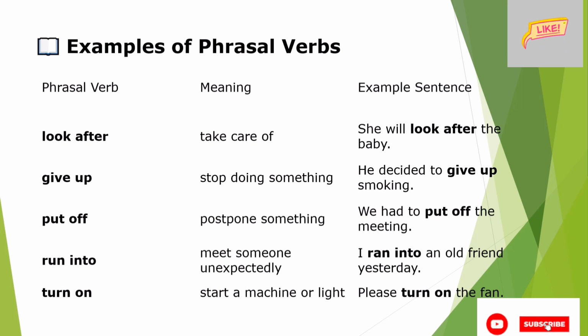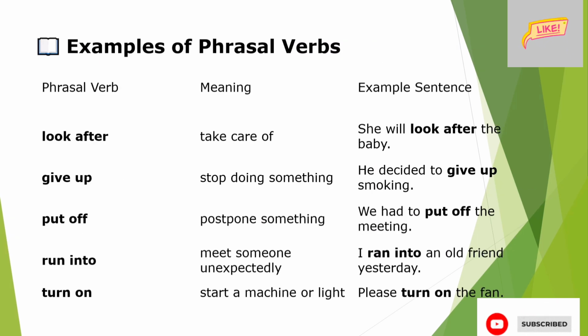Number 3, put off means postpone something. Example: we had to put off the meeting. Number 4, run into means meet someone unexpectedly. Example: I ran into an old friend yesterday. Number 5, turn on means start a machine or light.